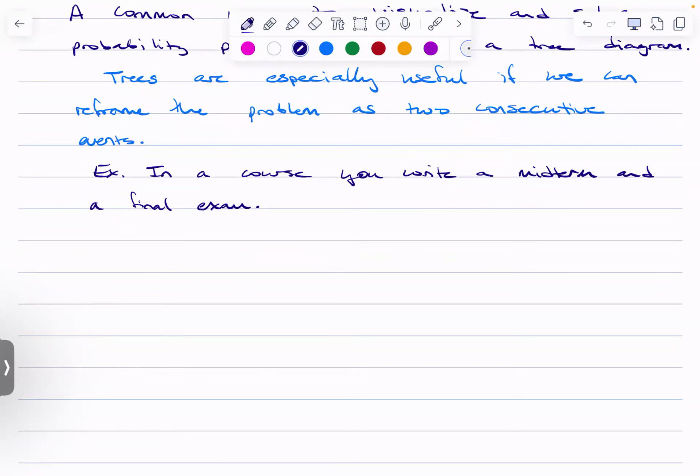Let's say first, I'm going to let M be shorthand for getting an A on the midterm. So you write the midterm and you either get an A or you don't.